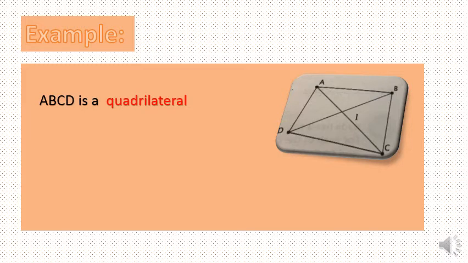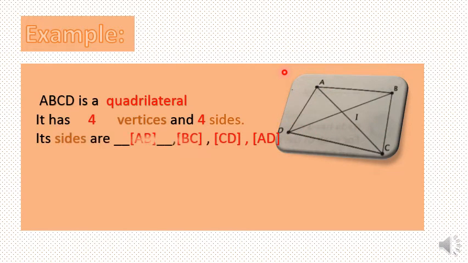ABCD is a quadrilateral. It has 4 vertices and it has 4 sides. What are the sides of this quadrilateral?